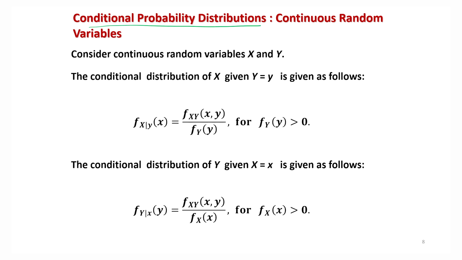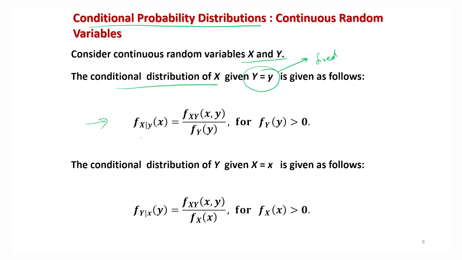So, if I have two random variables x and y, then the conditional distribution of X given capital Y equal to small y is obtained like this. What is happening? The value of y is fixed. Now, I want to see the behavior of x, how the probabilities are changing.